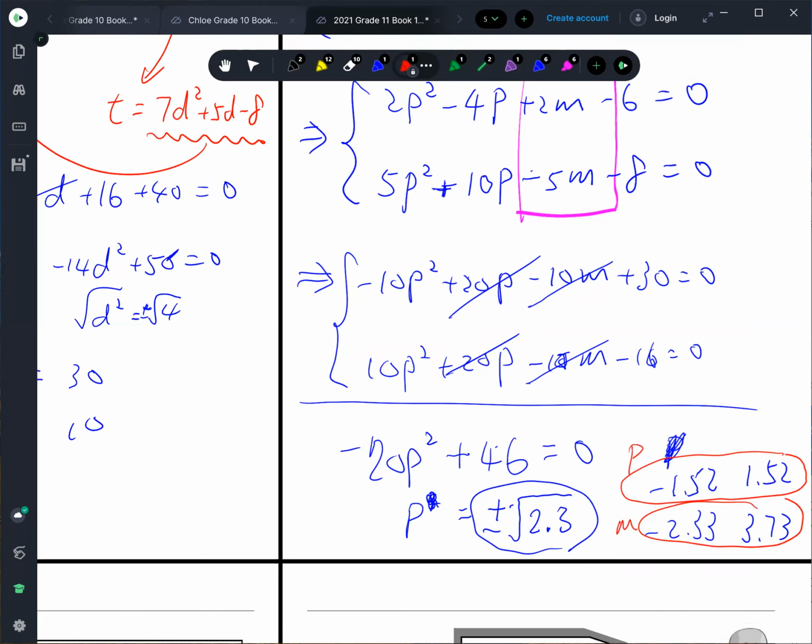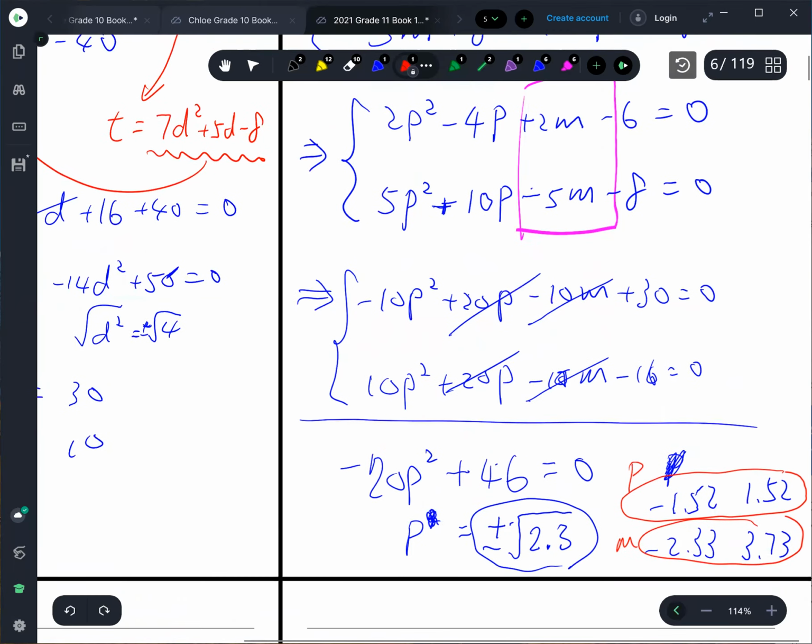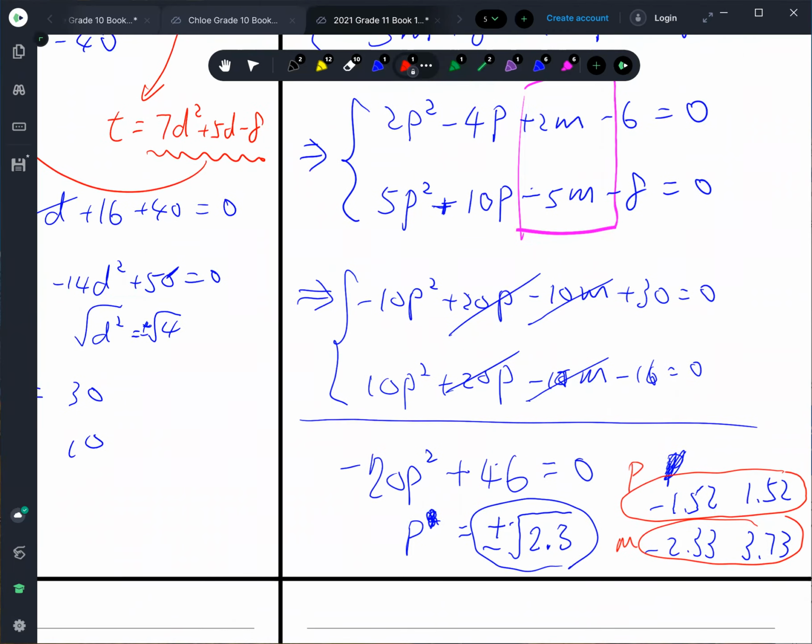How do you find the m if it's like a square root? You find the p first, right? And then plug it into either one of the equations. So it would be like 2 bracket negative square root 2.3 bracket. P is negative 1.52.